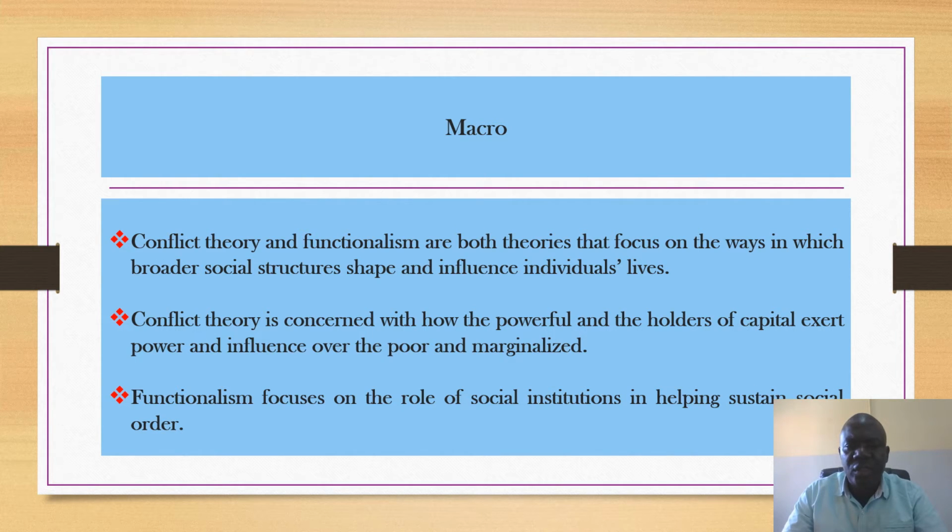This is not the focus of conflict and functionalism theory. So their focus is broad, and they deal with issues that affect broader sectors or wider sectors of society, and those are the structures.